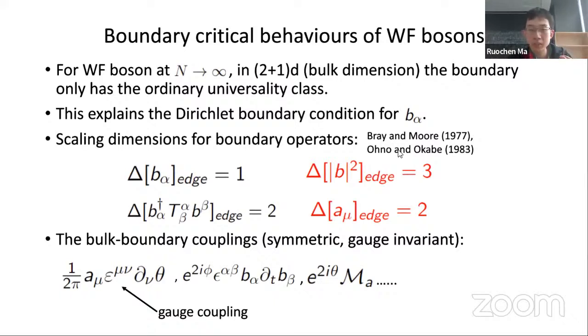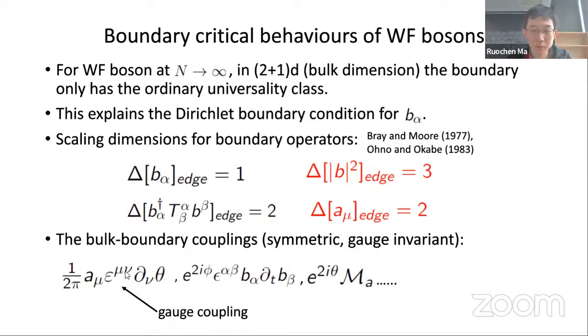And this makes a lot of possible couplings between the edge and the bulk irrelevant and makes the problem tractable. So to study the possible coupling between the bulk and the boundary, we need to write down all the possible couplings allowed by the symmetry and the gauge invariance principle.